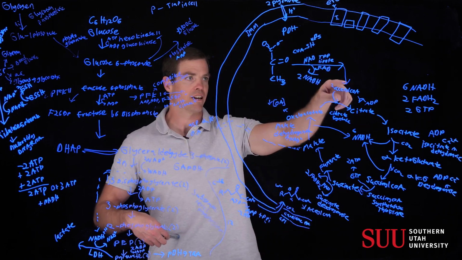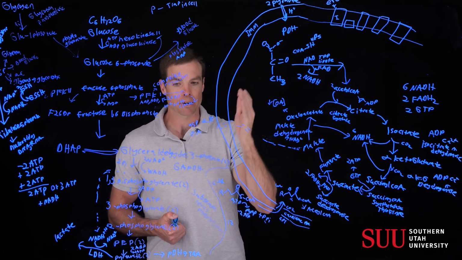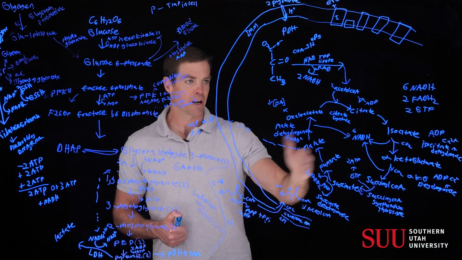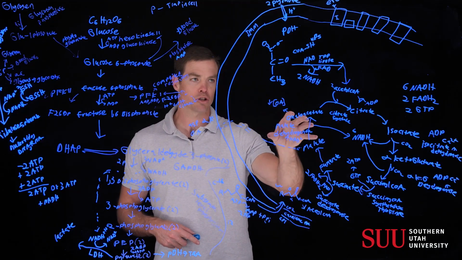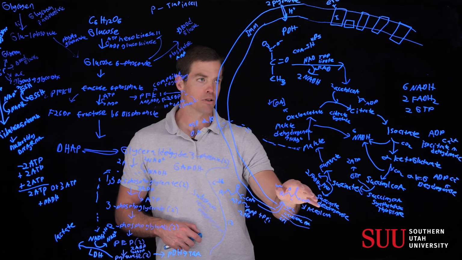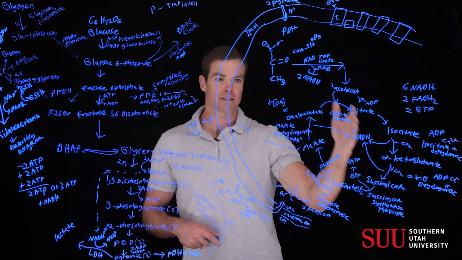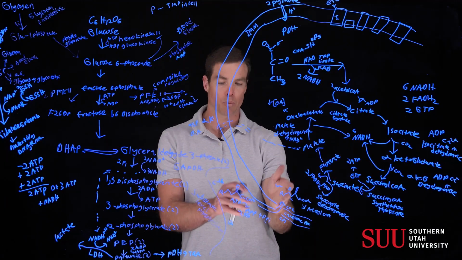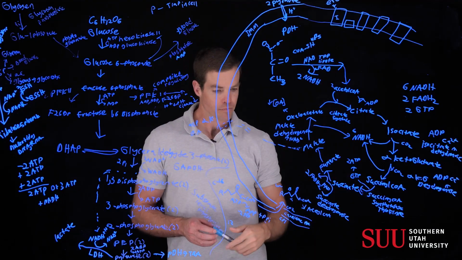Pretty much what you get right here, your acetyl-CoA, and you chop it up in two, and then it comes right into the TCA cycle. So beta oxidation occurs in the mitochondrial matrix, and then the acetyl-CoAs that are produced go into the TCA cycle, and you do the exact same process that we just barely talked about, but with fatty acids instead of with the pyruvate that we talked about before.